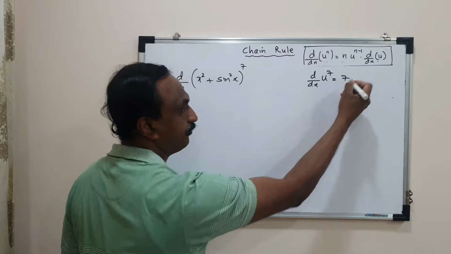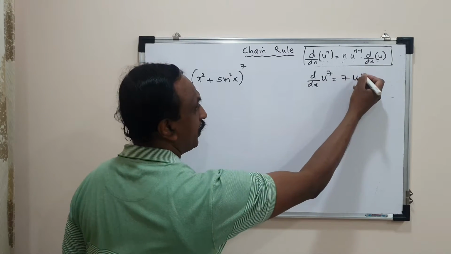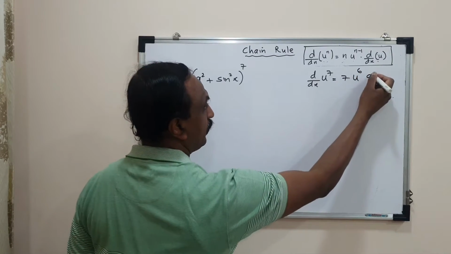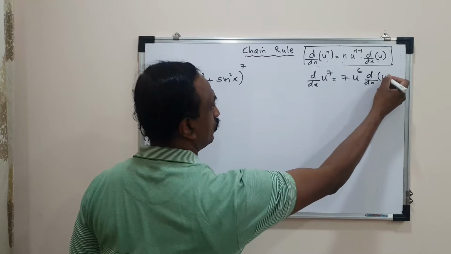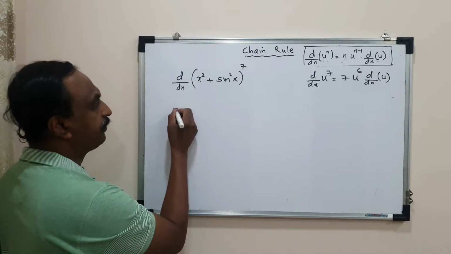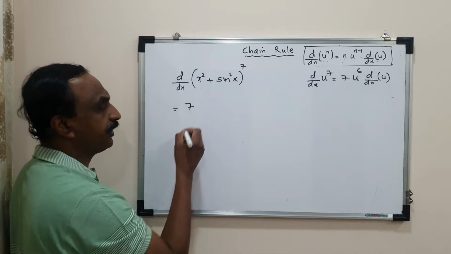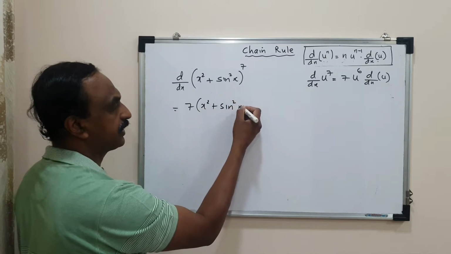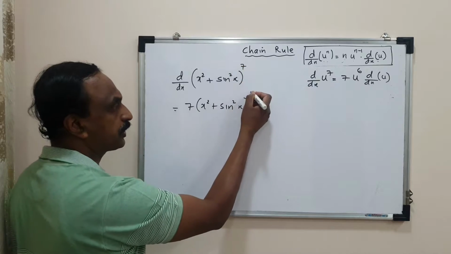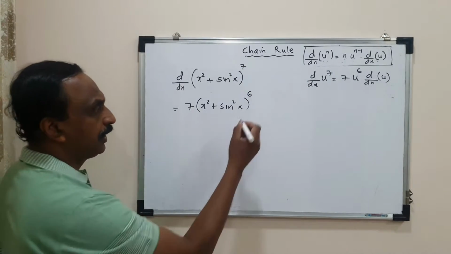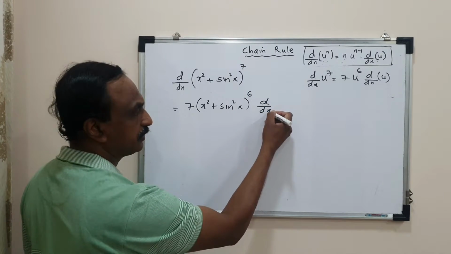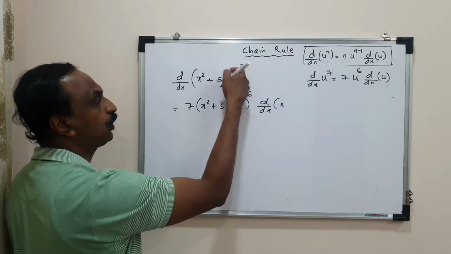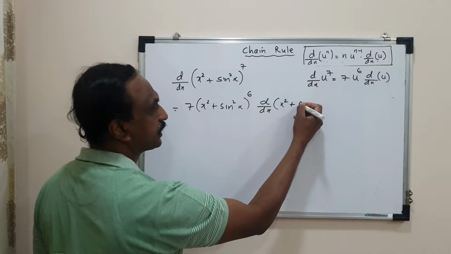Start from 7, reduce the power by 1, into derivative of the base. So let me apply the same way. Start from the power, 7 into (x square plus sin square x), which is the base. Reduce the power by 1 into derivative of the base. What is the base here? This whole thing is the base, x square plus sin square x.